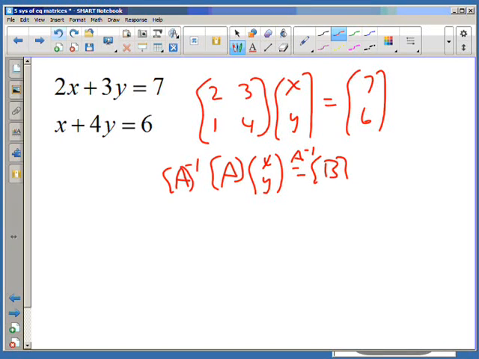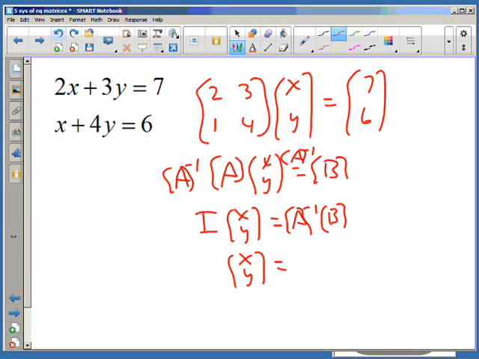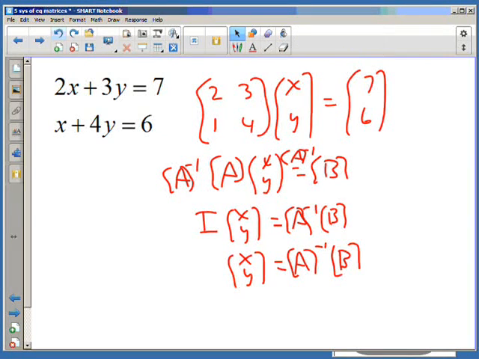So A inverse times A gives us the identity matrix times [x; y]. And the identity matrix times our variables just gives us our variables. So if we had a way in the calculator of multiplying the inverse matrix of A times B, that would give us our solutions x and y.